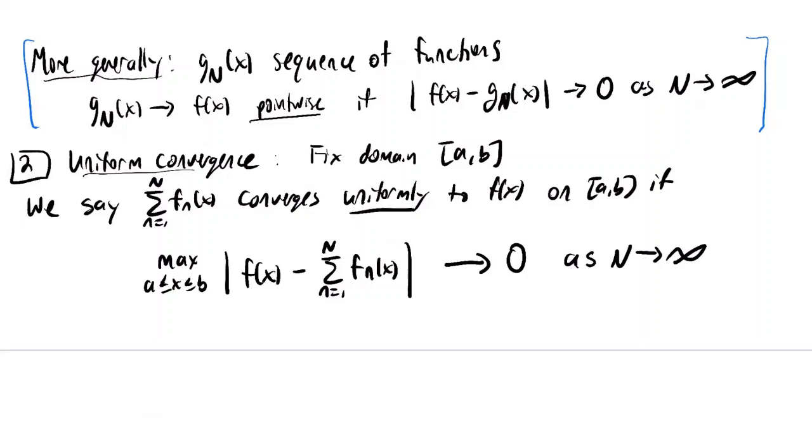And so in particular, this is taking into account every point at once. Right, and so this requires that the rate of pointwise convergence is uniform over all x. So the rate of convergence needs to be uniform over all x.